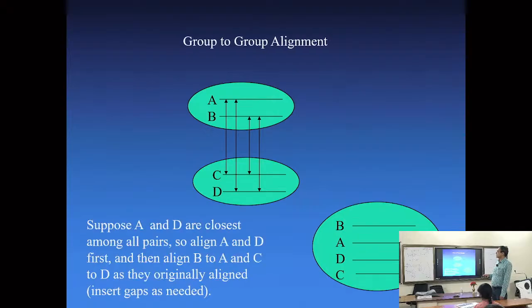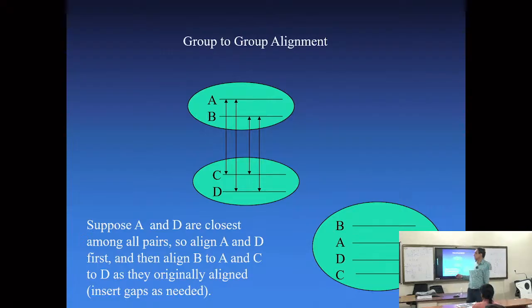And similarly, if there are two groups that have to be aligned, then again perform across-cluster comparisons and identify the pair that is the closest. So A compared with C, A compared with D, B compared with C, B compared with D, and identify the pair which has the closest sequences.